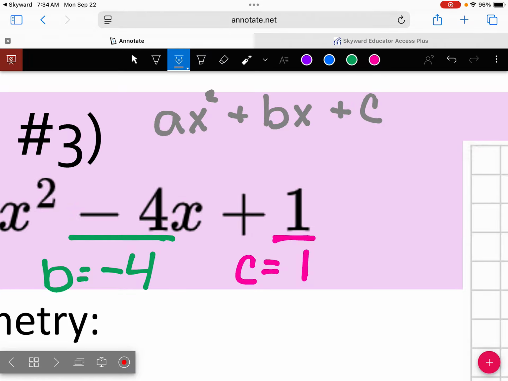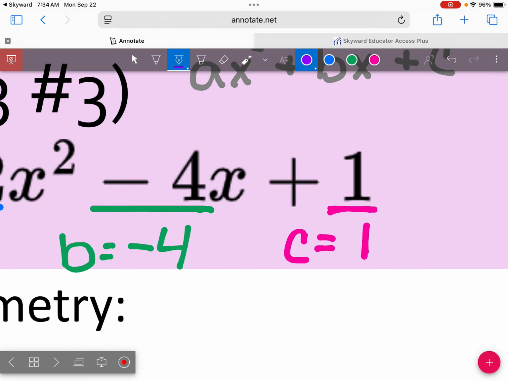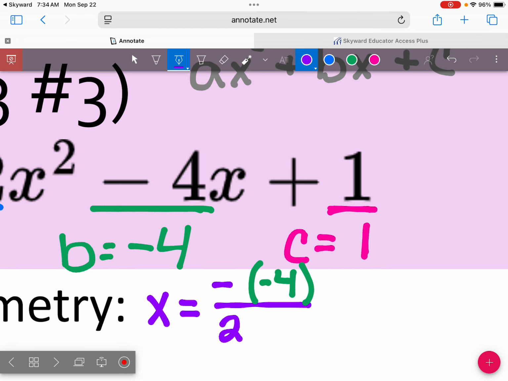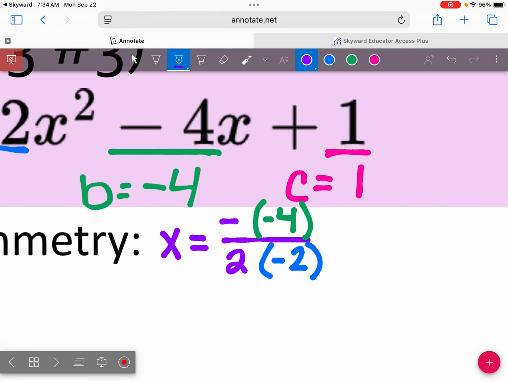So the axis of symmetry is 100% what we just did in the bell work, where we take x equals the opposite of b over 2 times a. So we're going to have the opposite of our b, -4, over 2 times our a, which is -2. We're going to substitute those pieces in and then simplify that. Again, you could put it through the calculator.